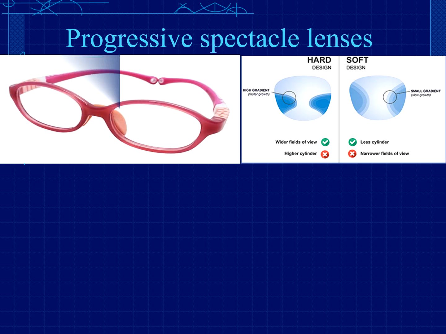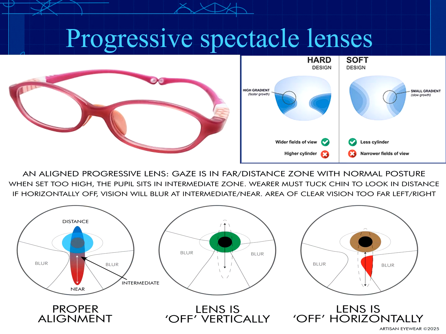Progressive lenses are a very well-known method for the correction of refractive error. For kids, they are usually used for strabismus, but for controlling myopia it is not a very long-term use of progressive lenses.